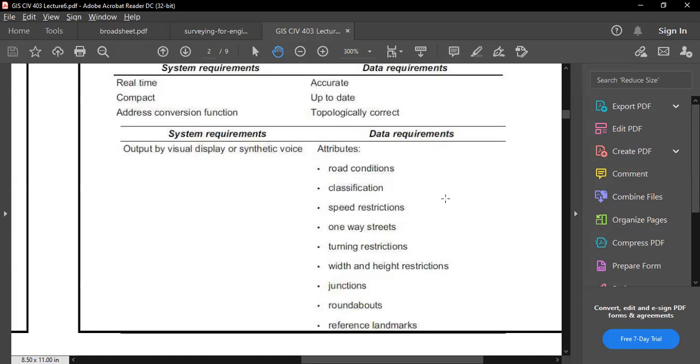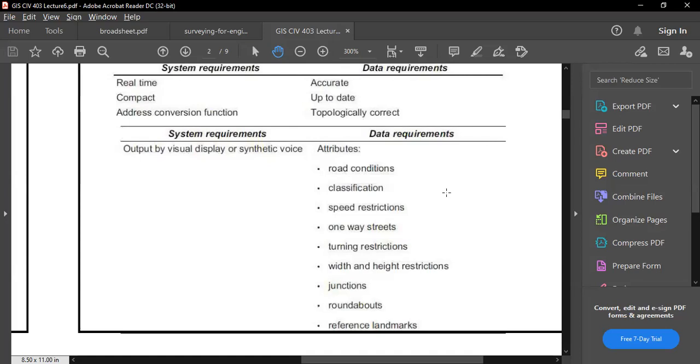And would we say turning restrictions are actually attributes of the junction or the road itself? I'm thinking you can turn at certain points on the road. Yeah, so it's a particular point where you can't do the turning. It may not be a junction, so that's an interesting one.